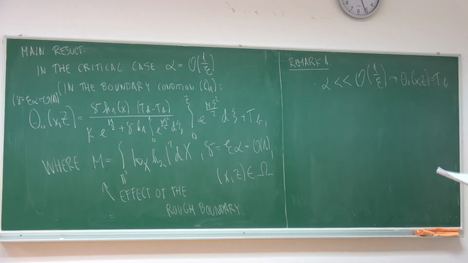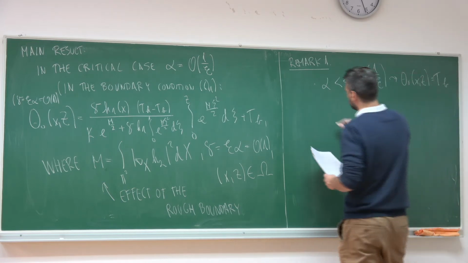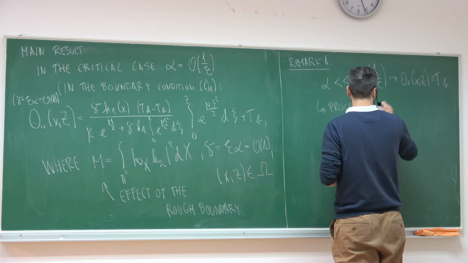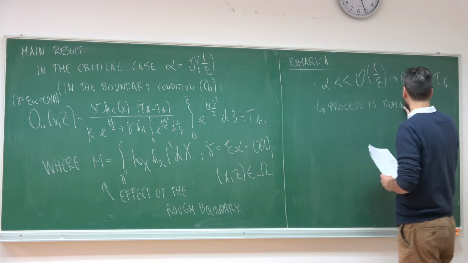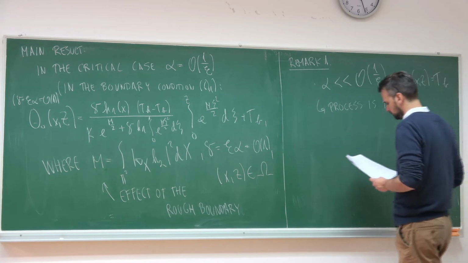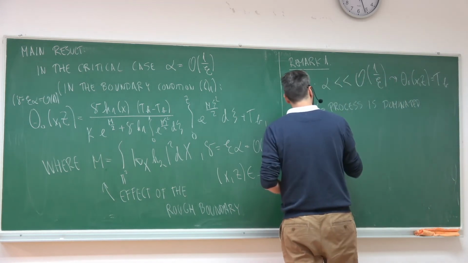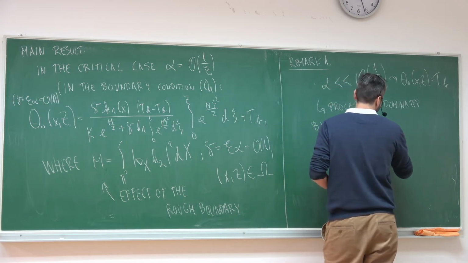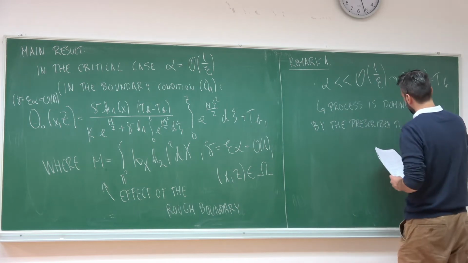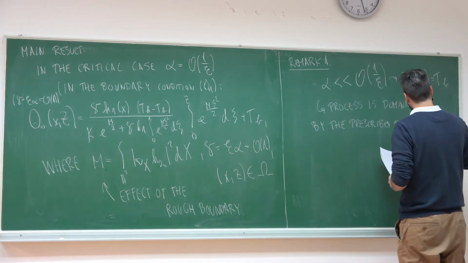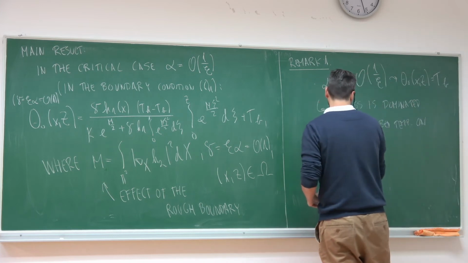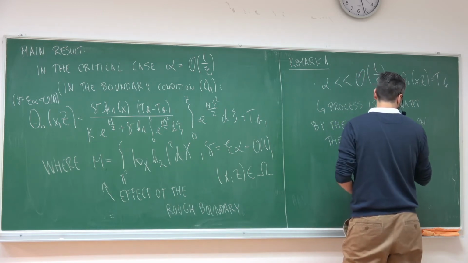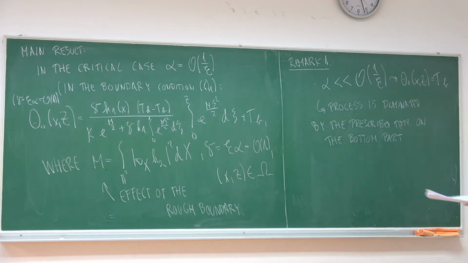It's easy to show that it's just equal to tb. So this means that the process is dominated by the prescribed temperature on the bottom part.